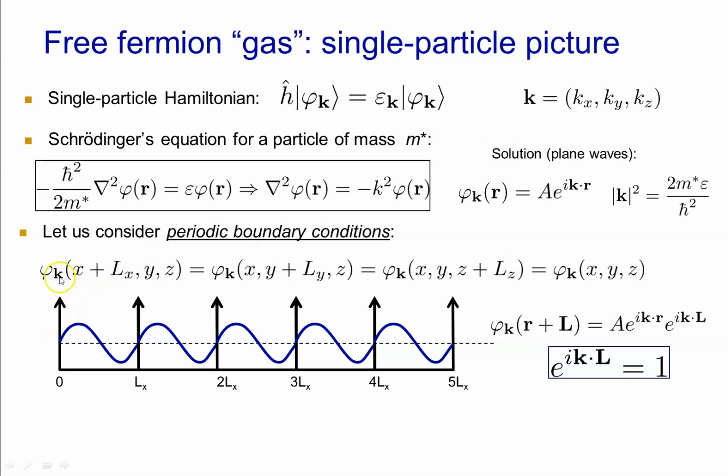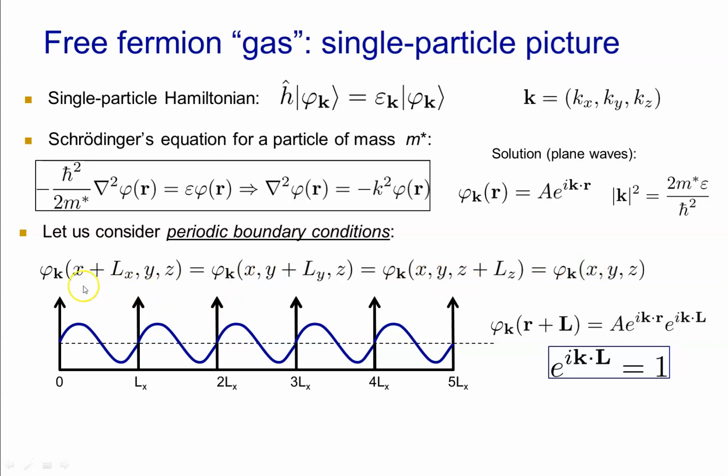It means that if you have, say, a volume of sizes Lx, Ly, and Lz, we're going to impose that this wave function follows these conditions. When you have x plus Lx, it should be equal to the wave function evaluated at x. Same thing for y and z.